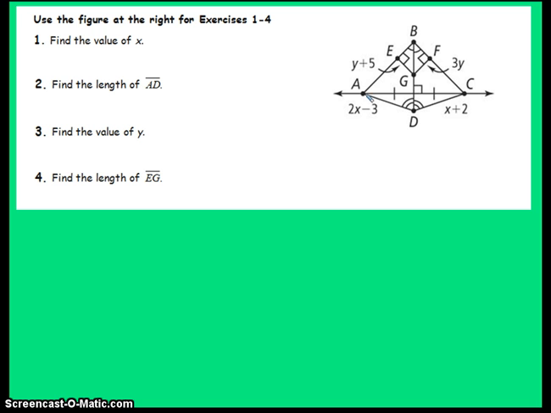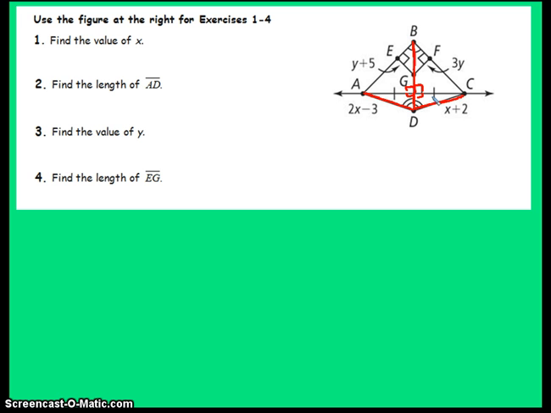And we look at this right here, and it looks like BD is the perpendicular bisector of AC. And I know this because there's a right angle here, which means I can put a right angle in all 4 spots. And so right angles are formed, and G is the midpoint of AC.